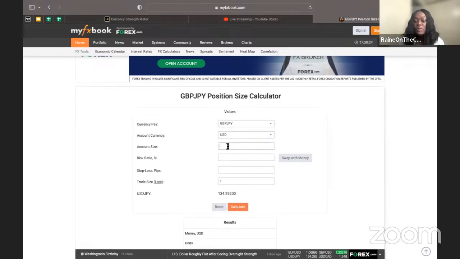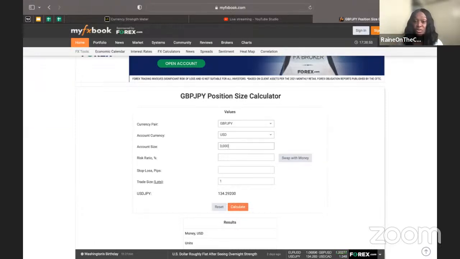You're going to put however much money you have in your account. So say you have $3,000. I recommend you risk 1, 2, or 3% of your account. 1% if you're conservative, 2% if you're moderate, so you can handle a little bit of risk, 3% if you're an aggressive trader, right?